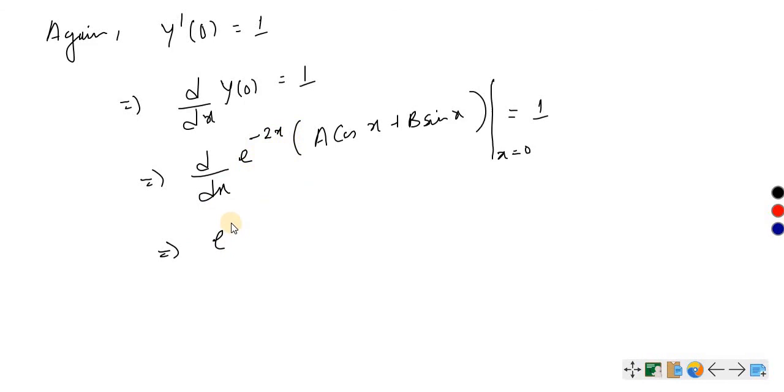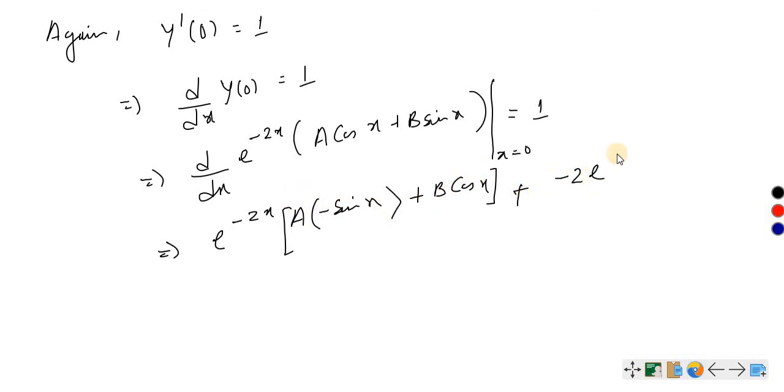I will first differentiate this part, so it will be minus a sin x plus b cos x, plus minus 2 e to the power minus 2x into a cos x plus b sin x, equals 1.